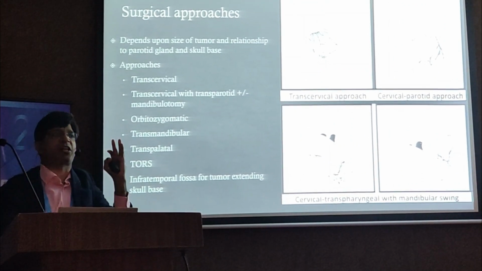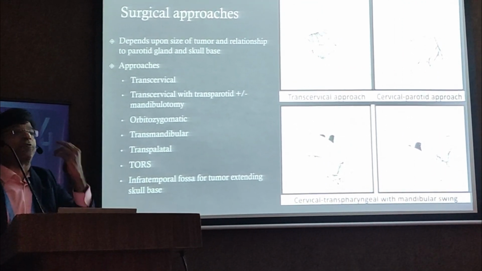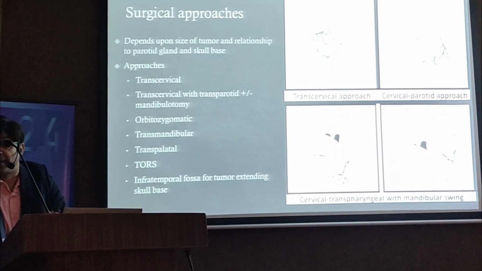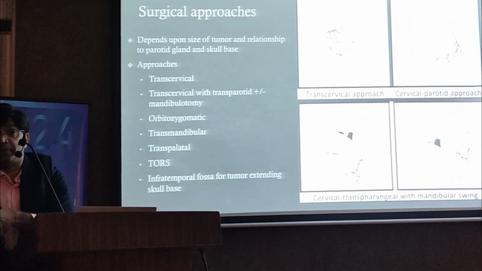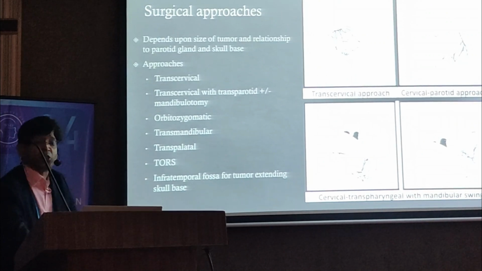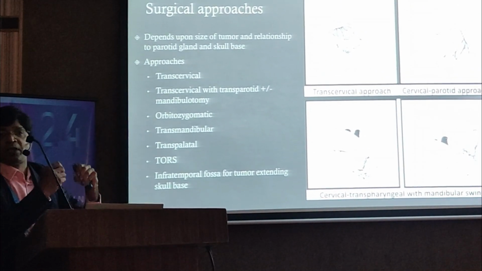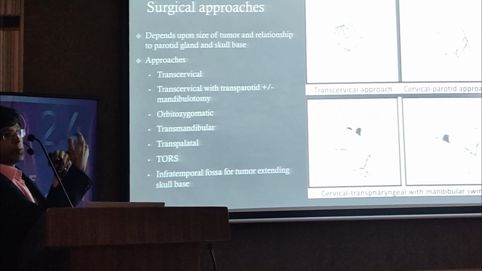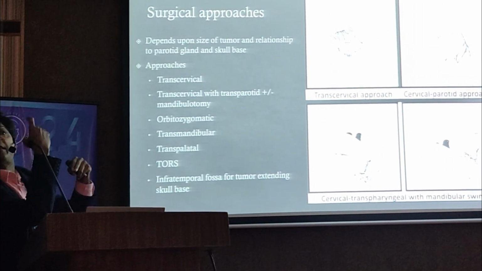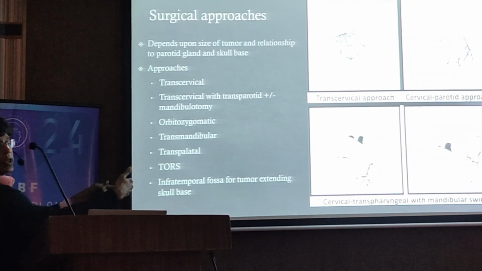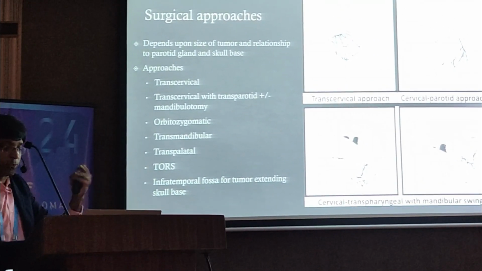You have a lot of surgical approaches for parapharyngeal tumors, right from per oral excision. These days, endoscopic excisions are being done. Dr. Bharti MB, ma'am from Mysore, is doing a few cases with the endoscopic per oral approach, making small incisions at two places, one at the intermolar region and one in the buccal pad of fat anteriorly, and going laterally along with the endoscope, and she removes the tumor.